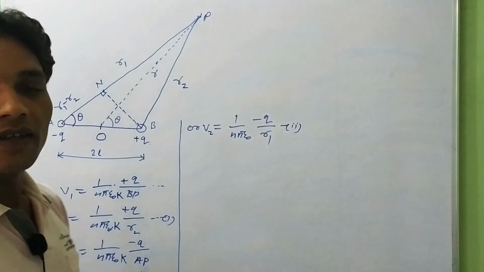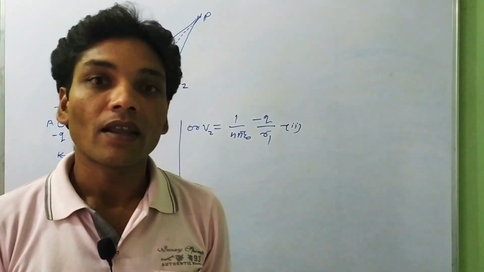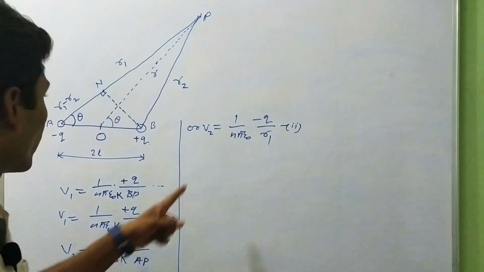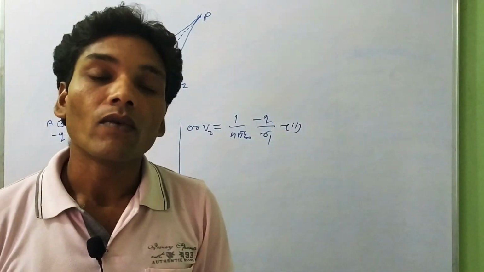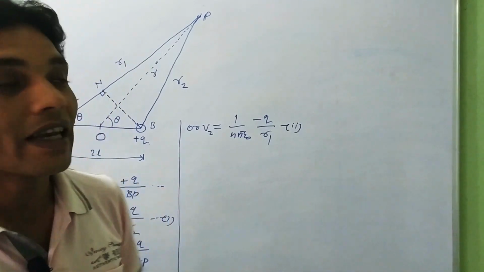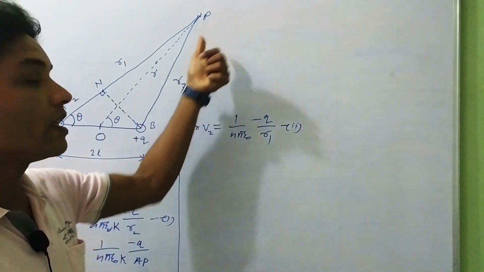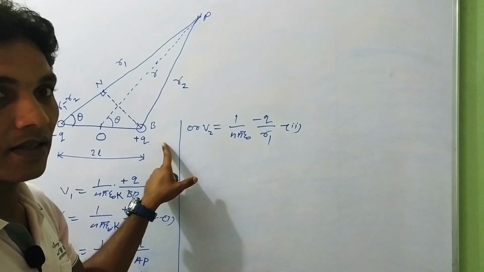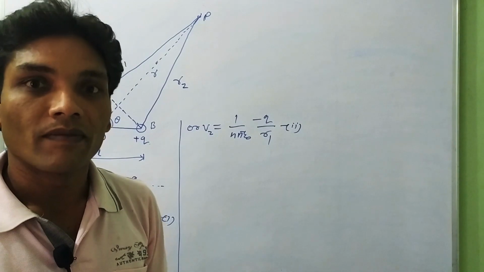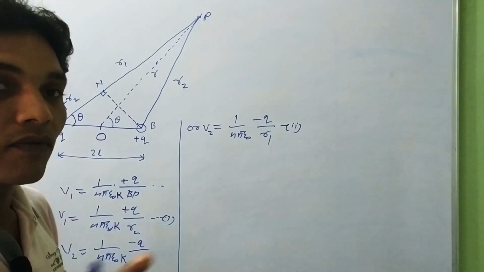Now we know that the electric potential is a scalar quantity. So V1 and V2 are also scalar quantities. So the total or net electric potential at point P due to these charges will be the algebraic sum of V1 and V2.